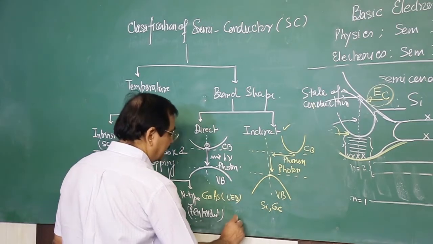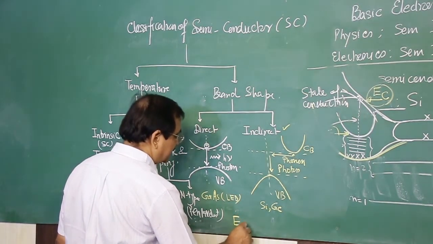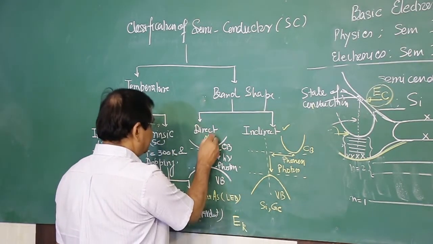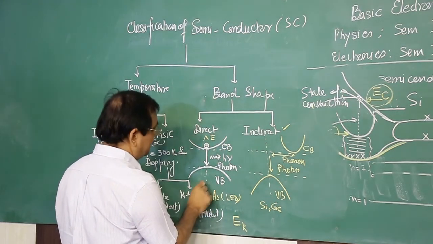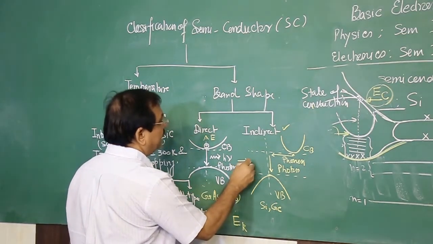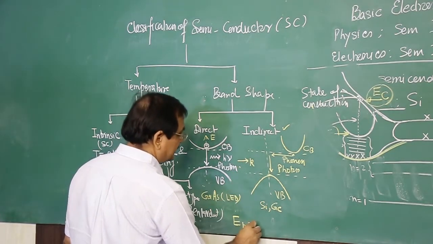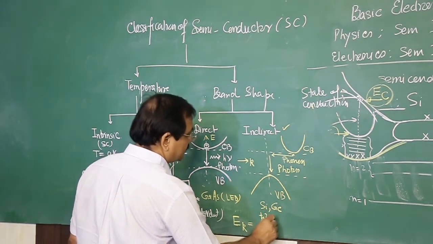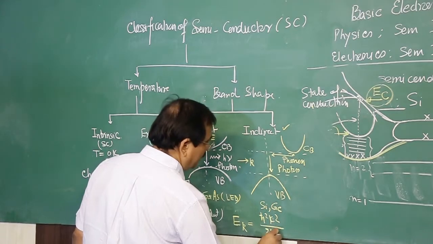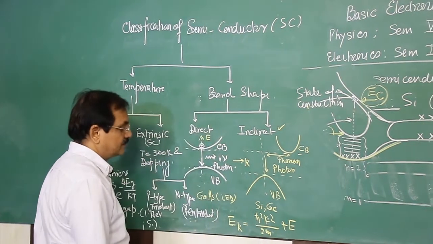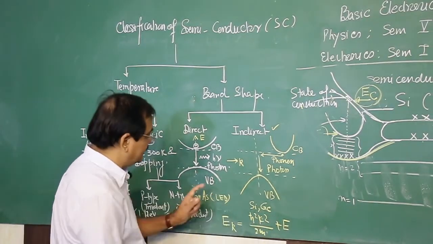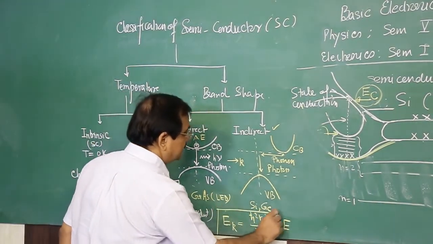The energy of this, this is E, and here this one is the K vector. So, this is h k square upon 2 m plus some value of energy. So, this E k is related with this energy state.